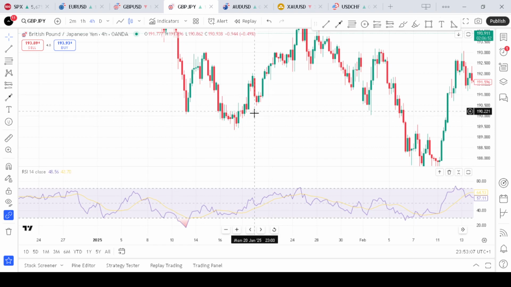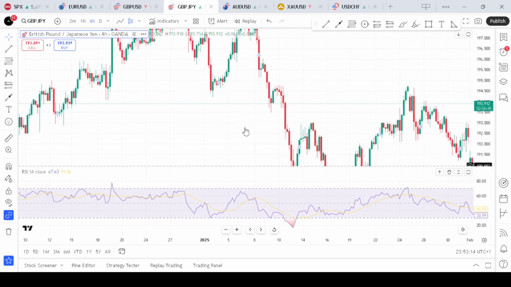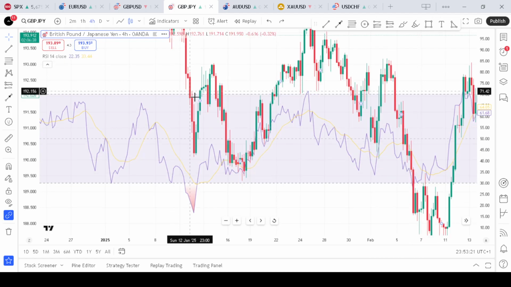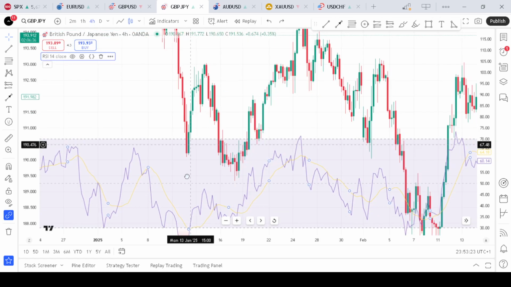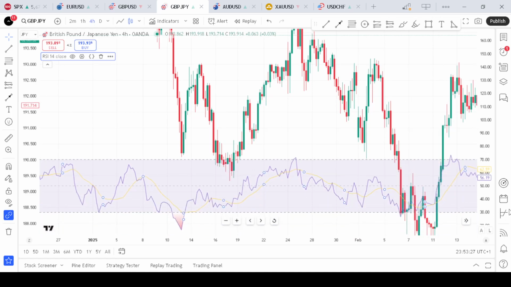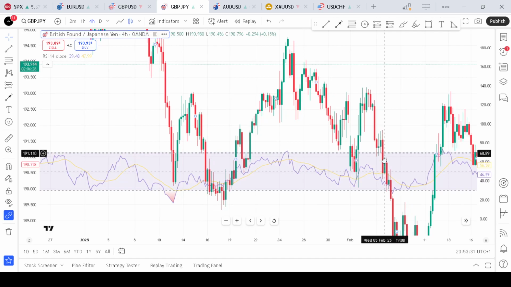While for a bearish trade, you look for the RSI to rise above 70. This is basically what we will be looking for. And let's adjust our charts to get what we are talking about.